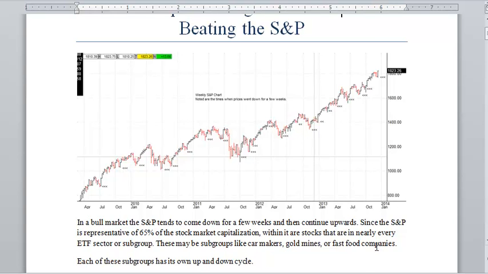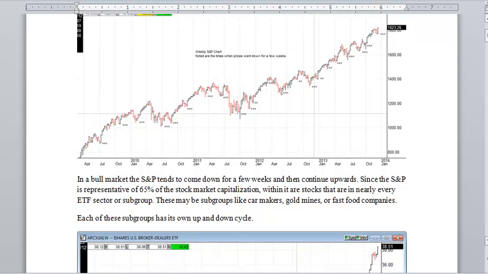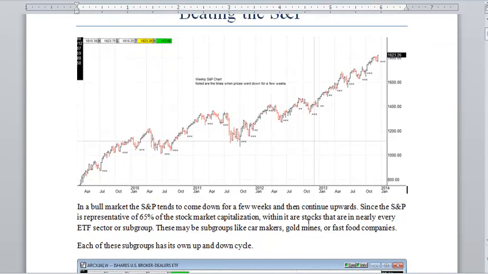There's a whole bunch of subgroups in here, and some of these subgroups might be car makers or gold mines or fast food companies. These subgroups are going up and down in their own cycle, which sometimes coincides with the S&P in terms of highs and lows, but not always.